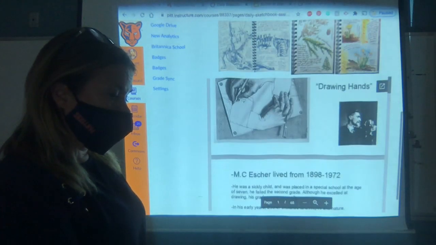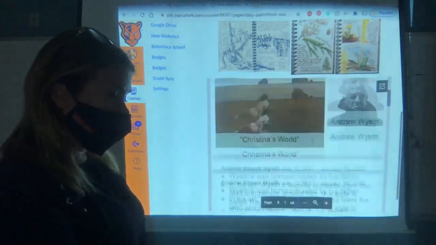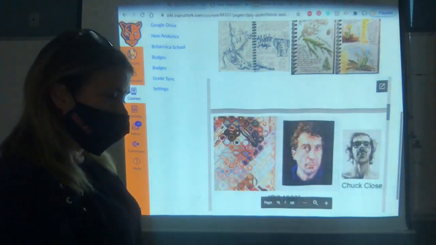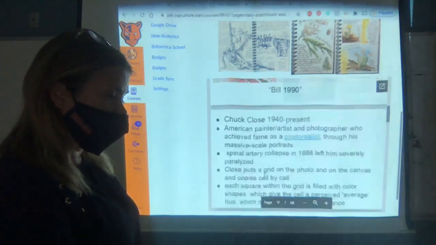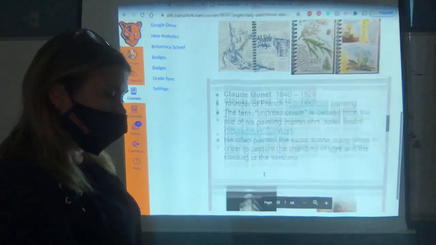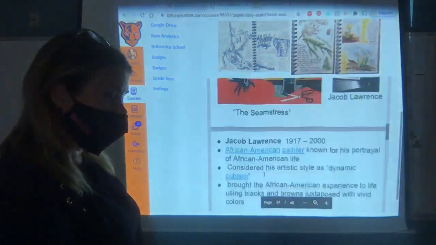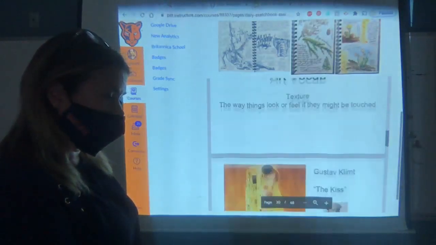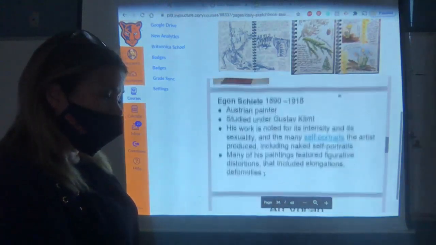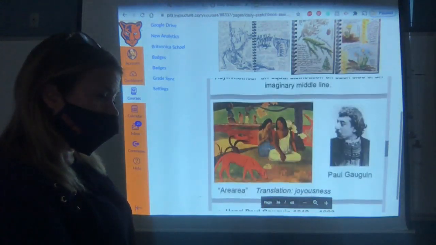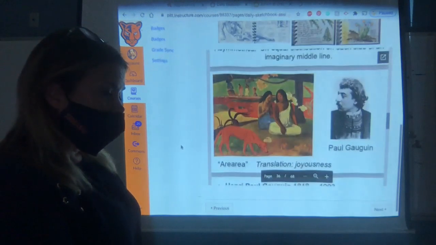It's always here. We've already done quite a lot of artists. You typically have two slides a day. Sometimes you'll have 3 with a little bit of vocab. We've done all of that already. This is where we're at today, Paul Gauguin. And so what you're going to do is sketch this painting right here.